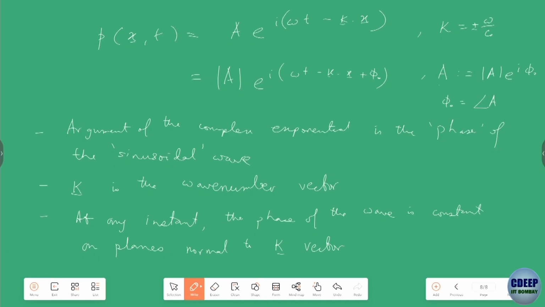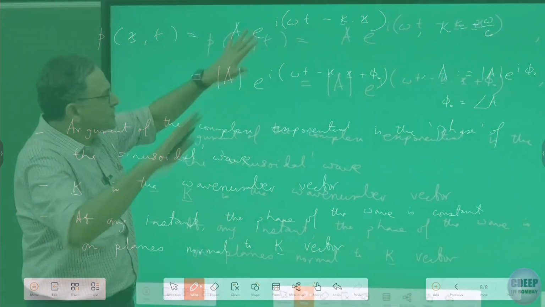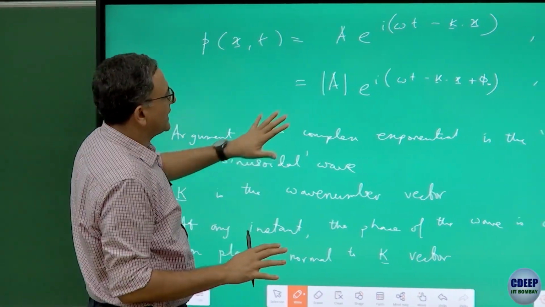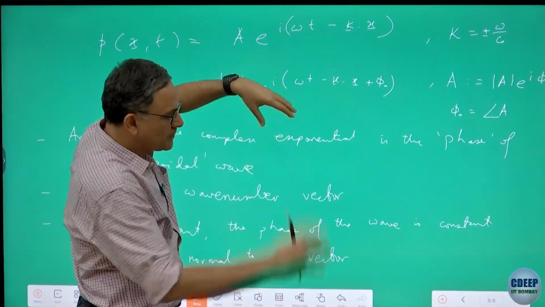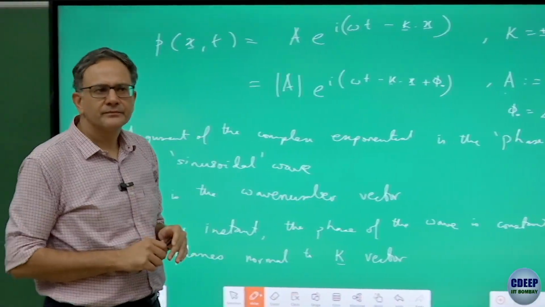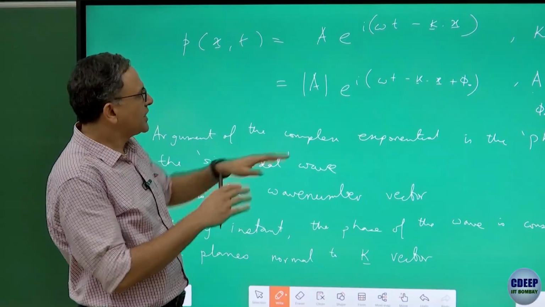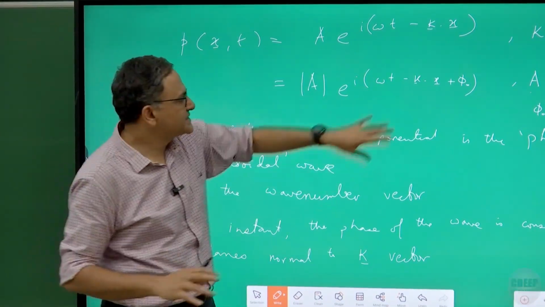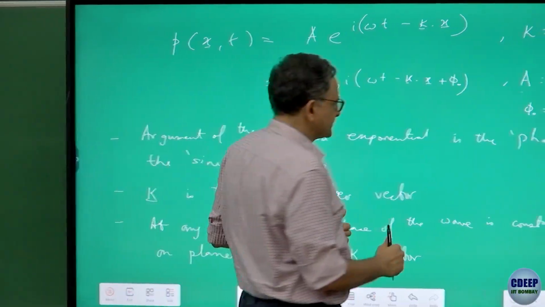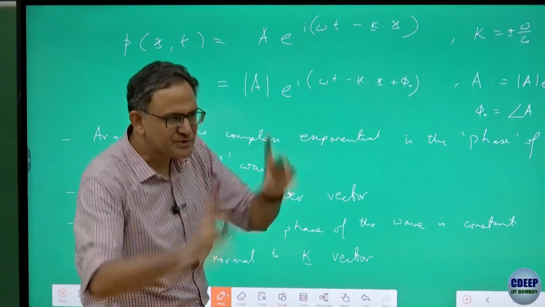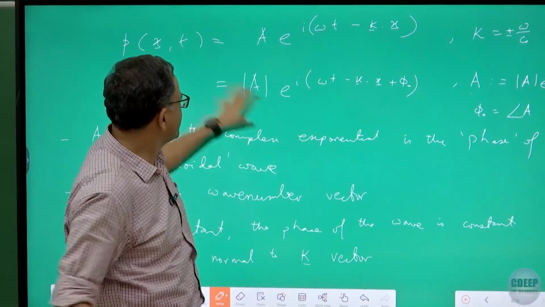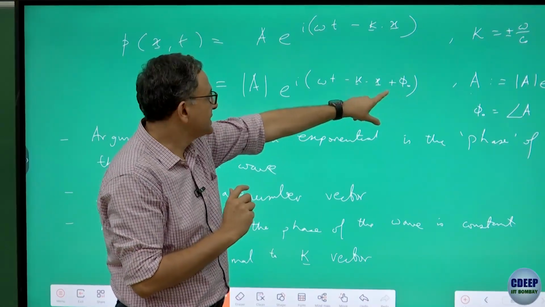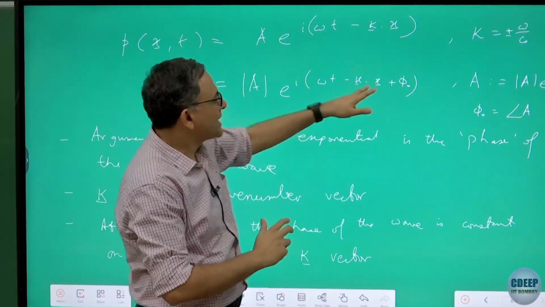So this is to be observed: this p(x,t) is some solution, some field over the entire domain. I want to see at what all points is the phase the same. So I want to find out in what locations in x is the phase going to be the same. So I'm taking a snapshot of the field, that is this pressure field. So time is constant. So phi naught is also constant. So phase will be constant if kappa dot x is constant.